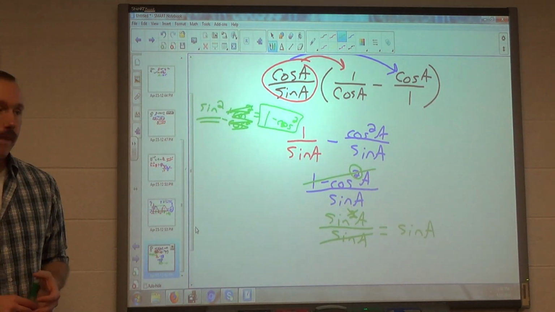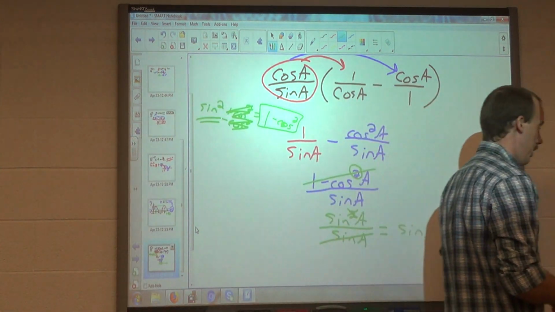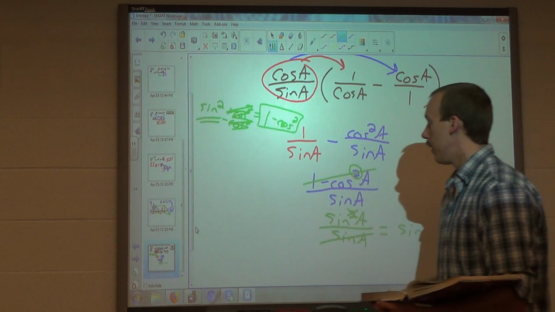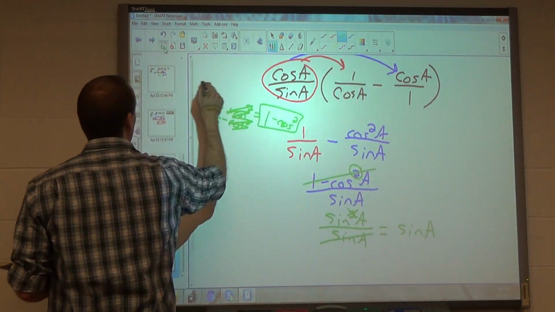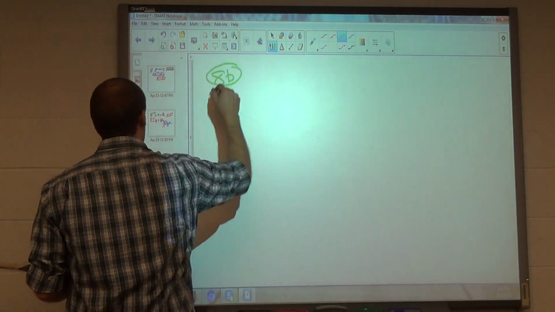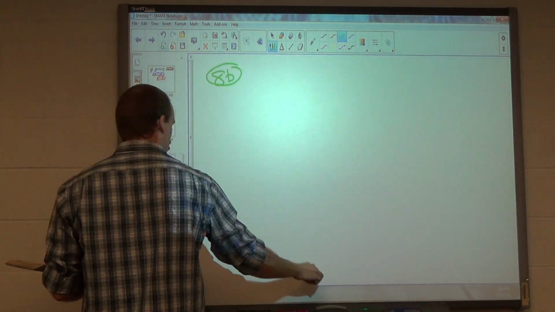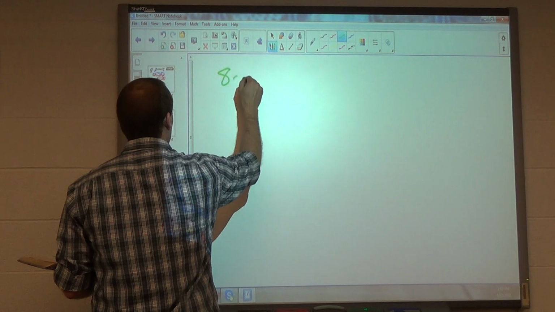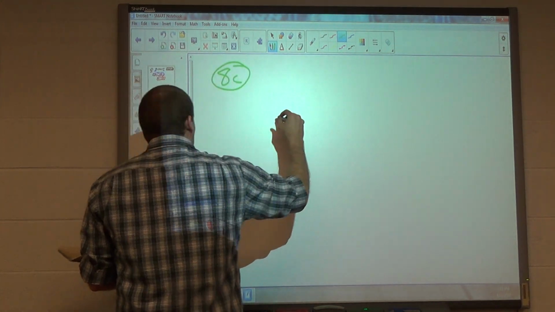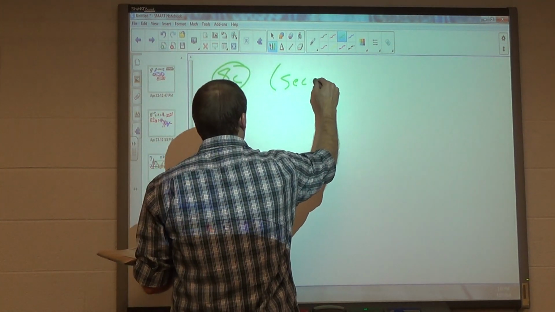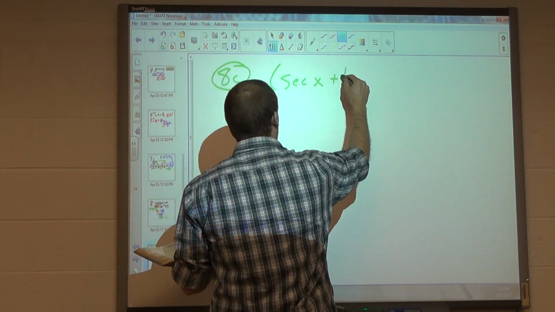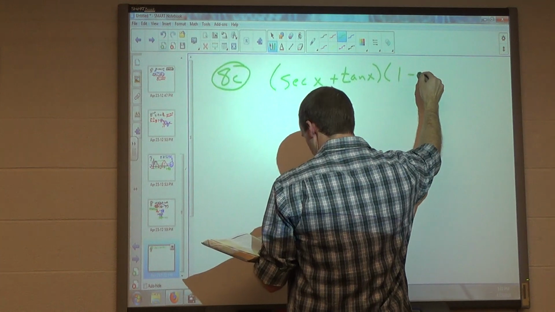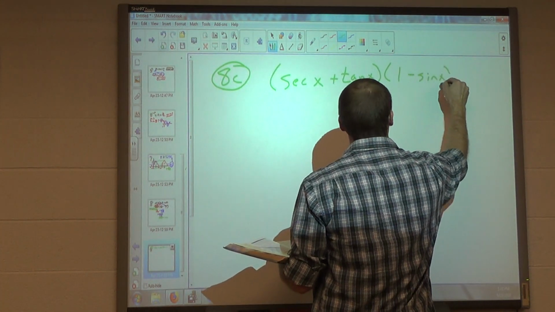Questions on that one? Okay, let's look at 8b. Cross off 8b because that one has that 90 thing in it. We'll do 8c. So 8c, I've got secant of x plus tangent of x, and then 1 minus sine x.